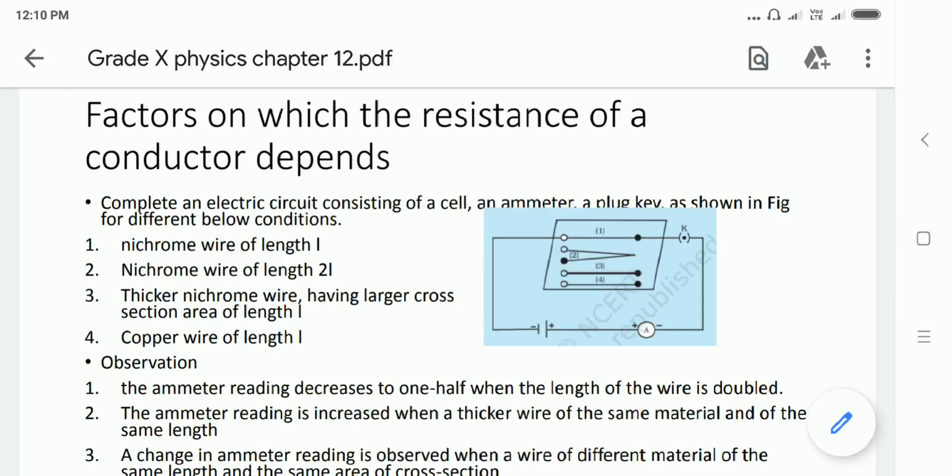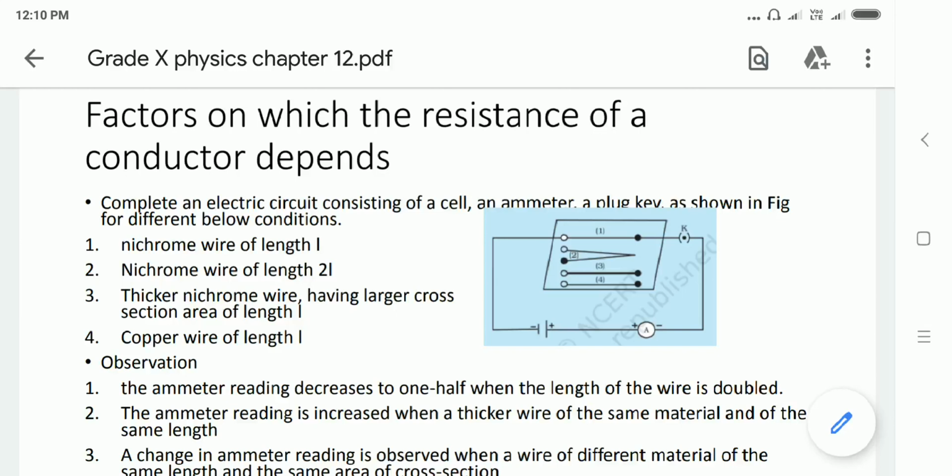Now when we apply the second condition, increasing the length to twice and verifying its current value, the current is half. The current value is half while the wire length is doubled.